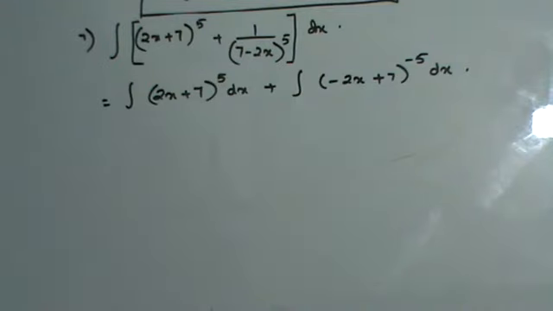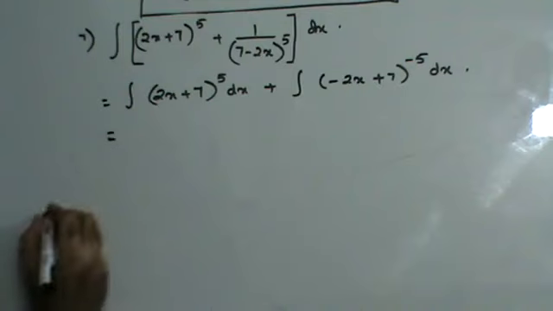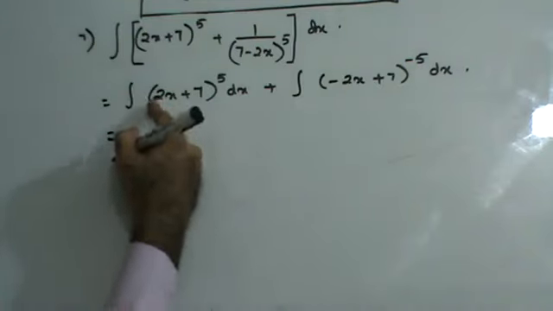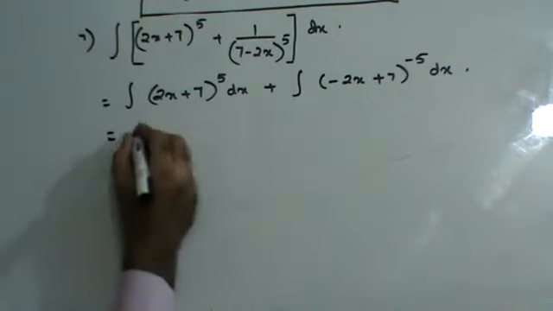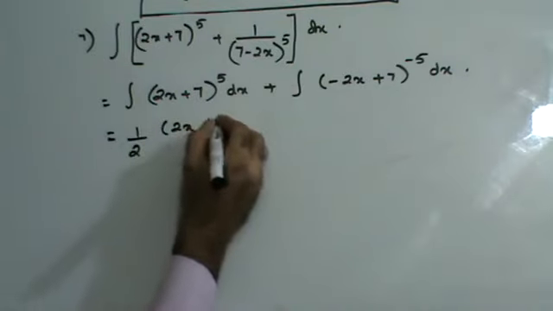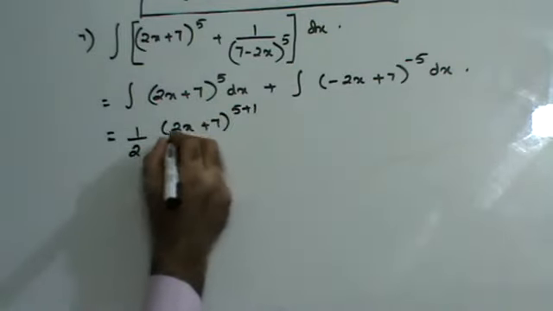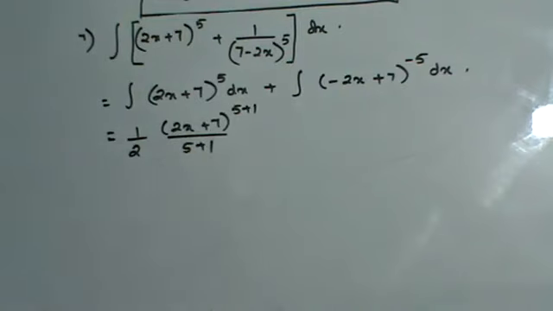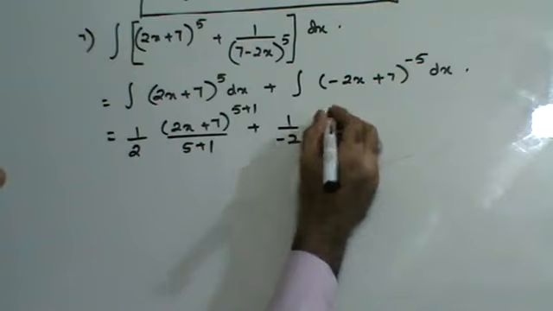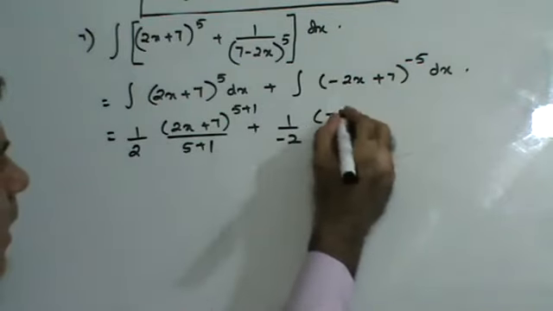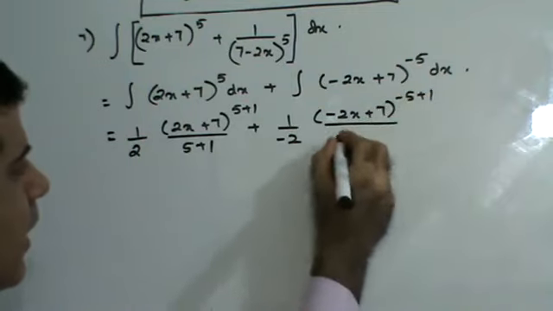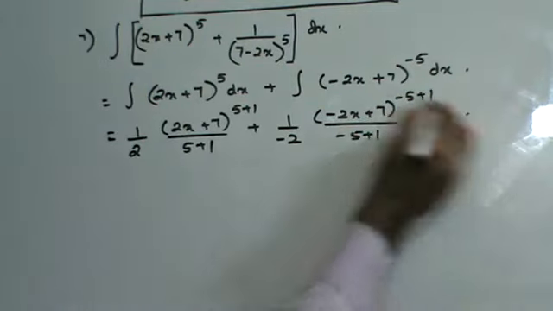Now, I could use the third formula here. Integral of (ax plus b) raised to n is 1 upon a, the number with x is called as a, so 1 upon a, (ax plus b) raised to n plus 1 upon n plus 1, plus c.